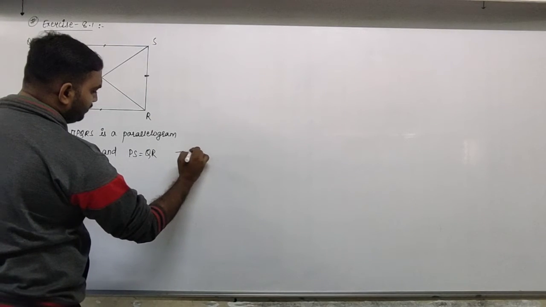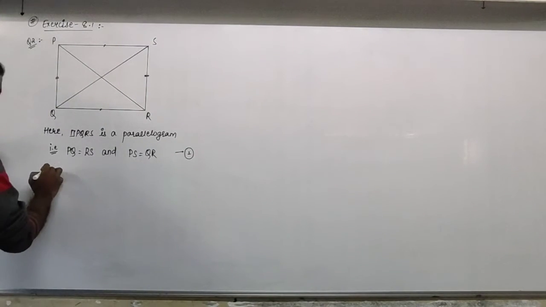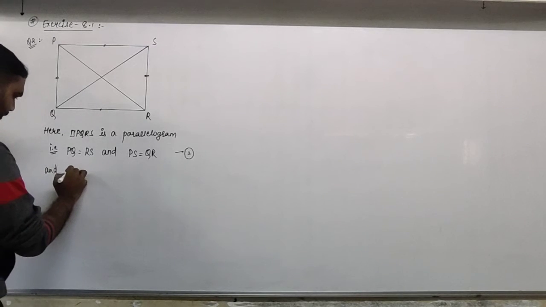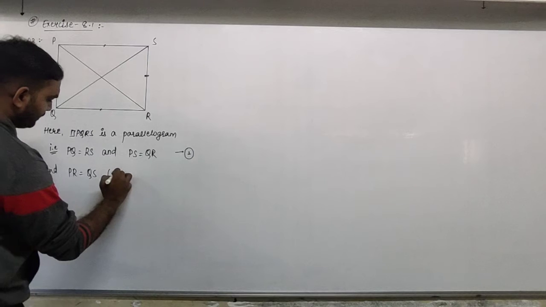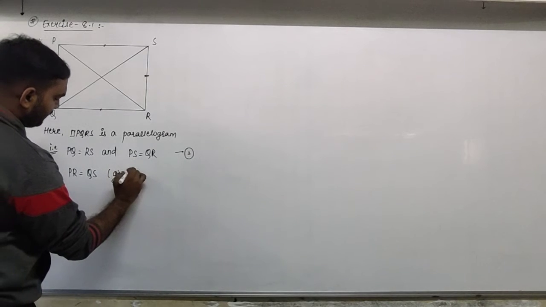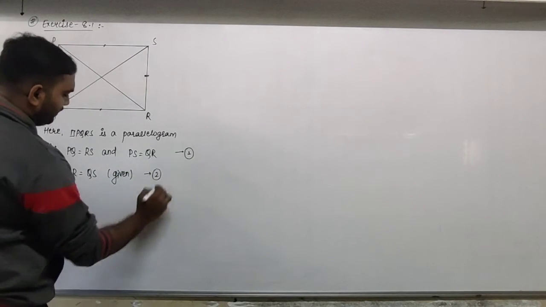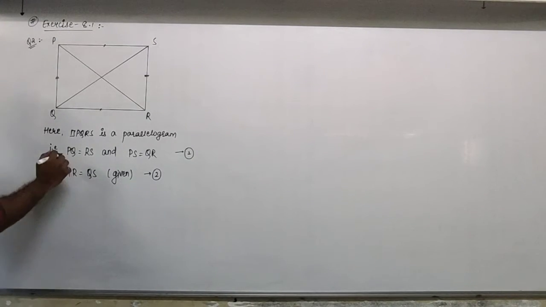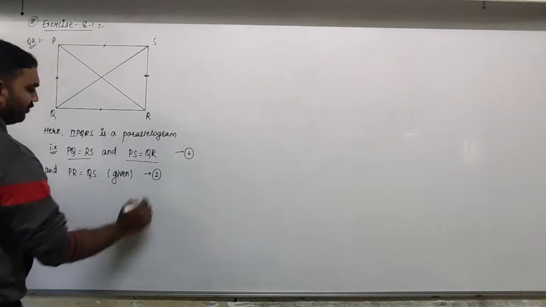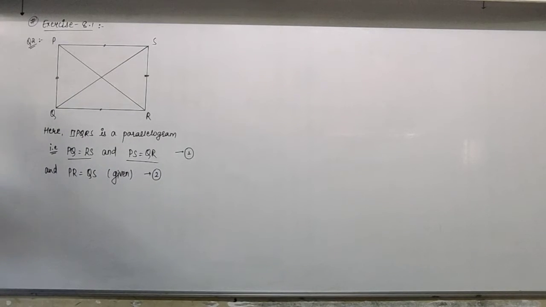Give this as the first reason, and PR is equals to QS, given. Give this as the second result. Second result means the diagonals are equal. The opposite sides of a parallelogram are parallel and equal, right? So that is the parallelogram property. This is the given property.